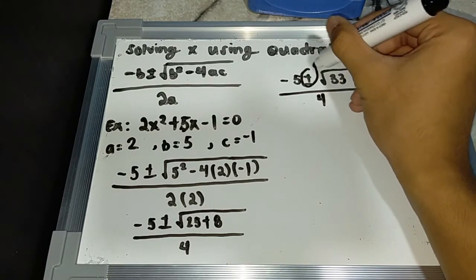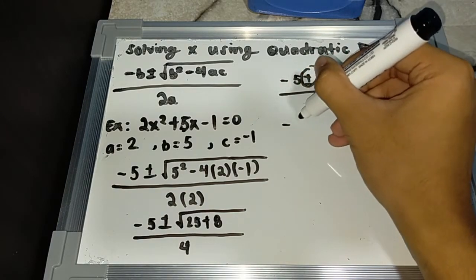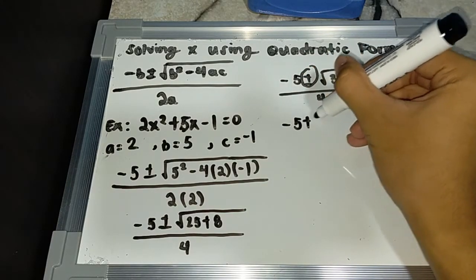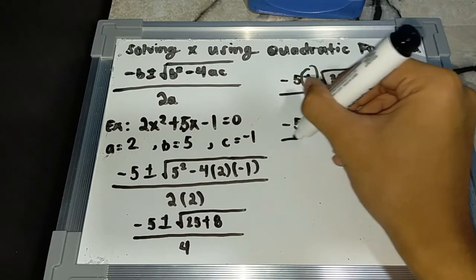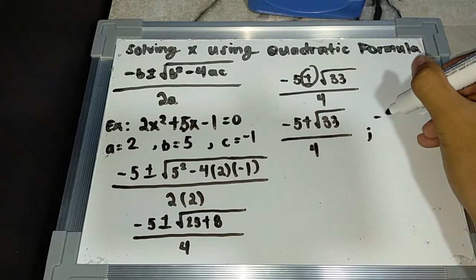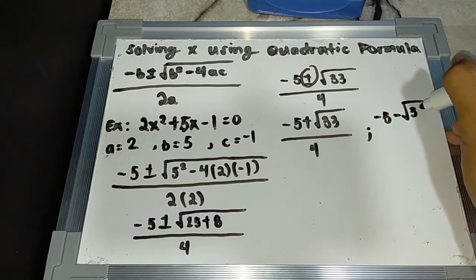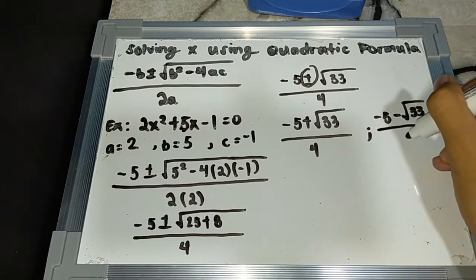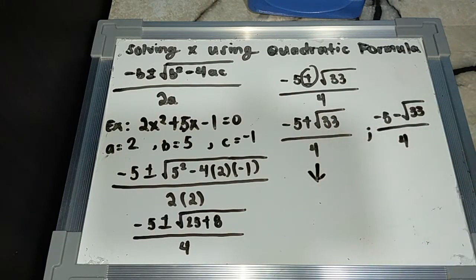Since we have this plus minus, we should separate them. Then we'll have negative 5 plus square root of 33 all over 4, and negative 5 minus square root of 33 all over 4.